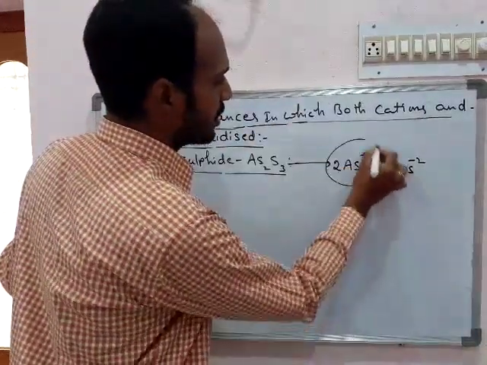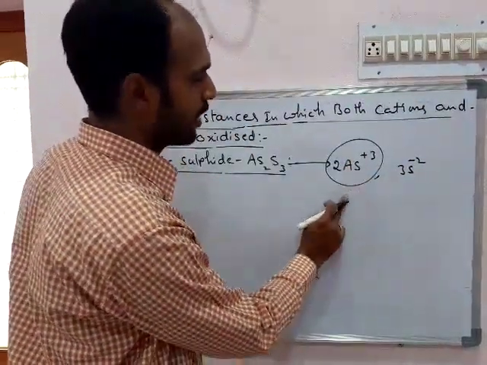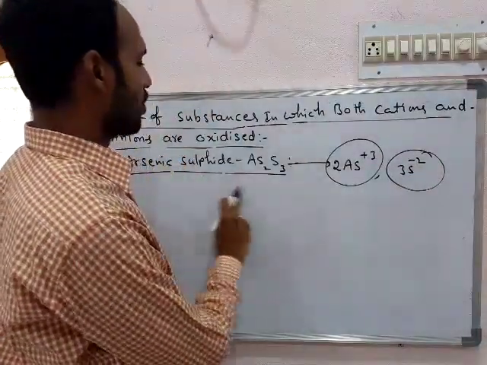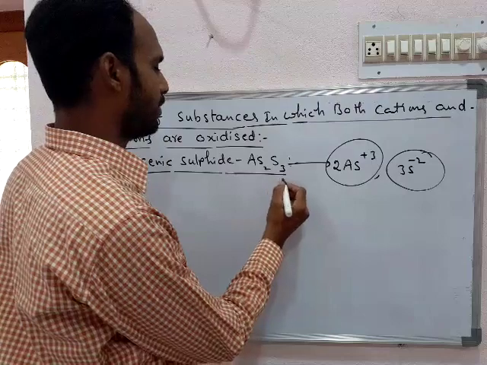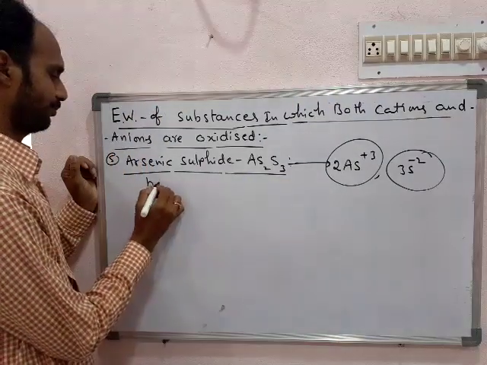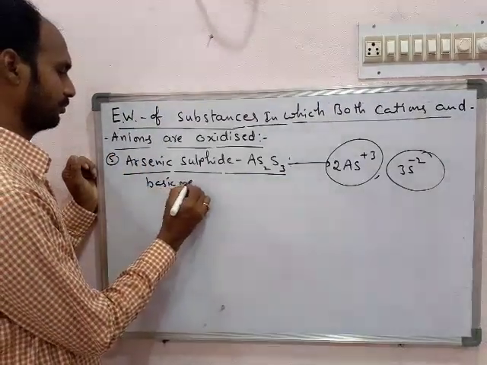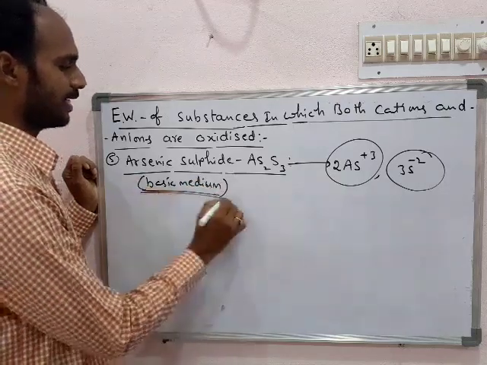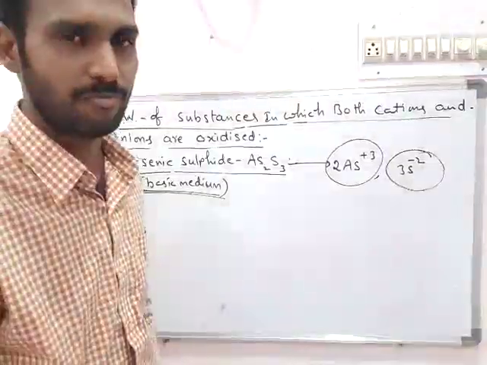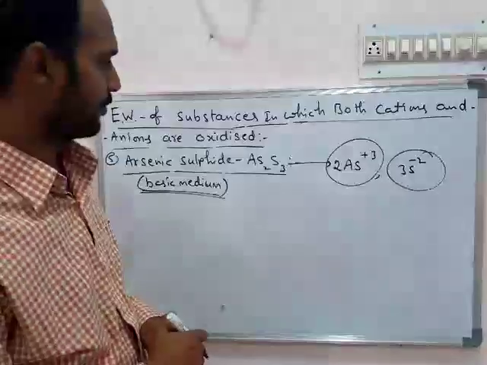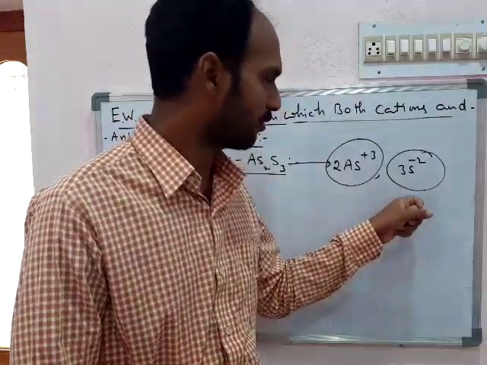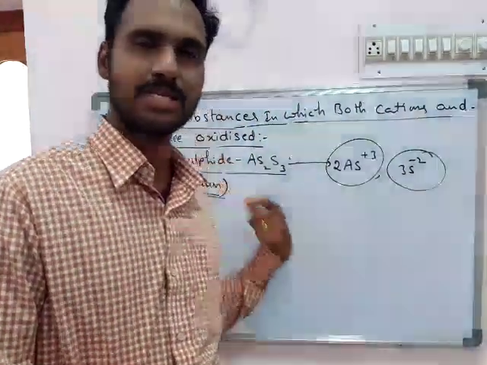Here the oxidation can be possible for the arsenic ion and also the sulfide ion. Actually, this oxidation takes place only in the presence of a basic medium. Now you see the oxidations of the arsenic ion and the sulfide ion in basic medium.